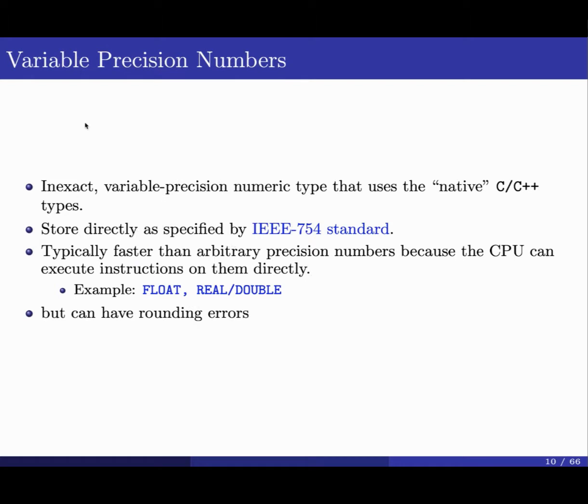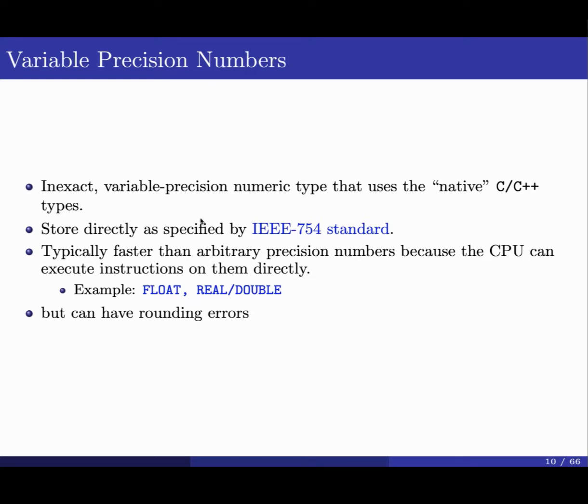Okay? So again, if you define your variable as a variable precision number, internally it follows the standard used by C and C++, the IEEE 754 standard. This is just for your information. It's an industrial specification of how to represent numbers internally.